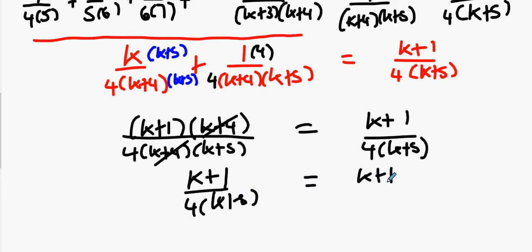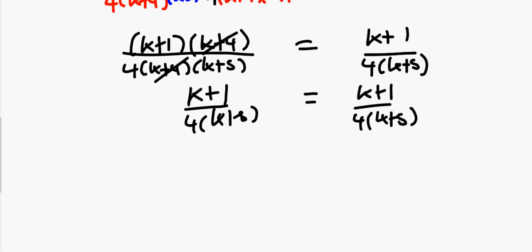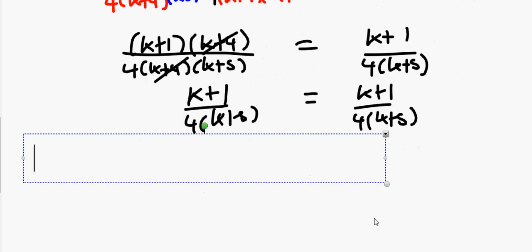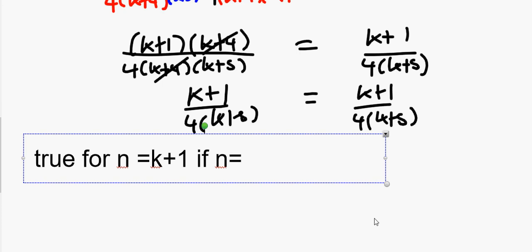Now it's time for the big long spiel at the end of the question. I might even try it this way. True for n equals k plus 1 if n equals k is true.